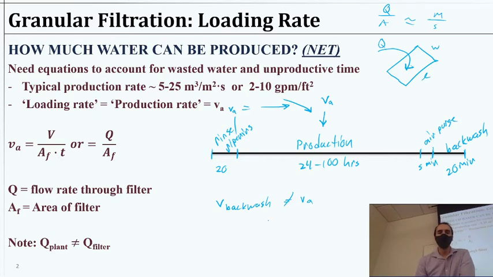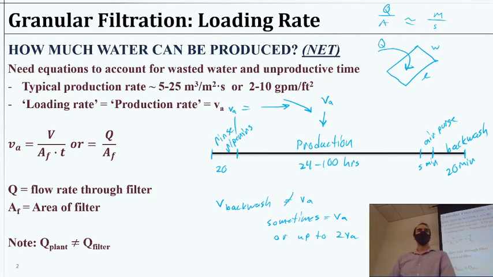I'll say sometimes it's equal to VA, or sometimes up to 2 VA would be typical. Okay, so in terms of backwashing rates, keep an eye out. If nothing was specified in a problem anywhere, you might assume that it's the same. Okay, but usually I'll try to make sure I specify.